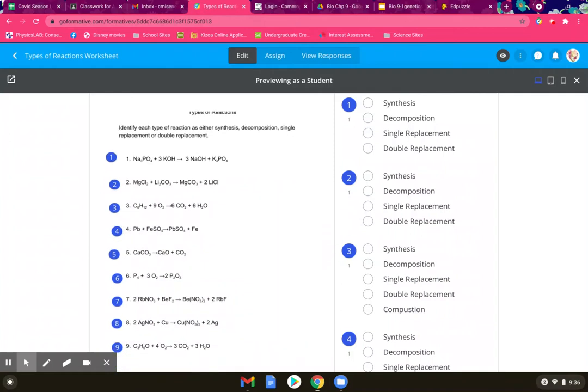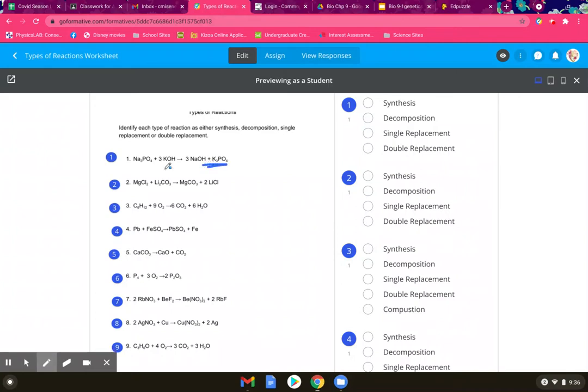So if we look at some of these here, the first one, number one, on the reactant side, I see two compounds. Two compounds automatically is going to tell me, hey, this is going to be a double replacement, as long as I see two substances on the product side.